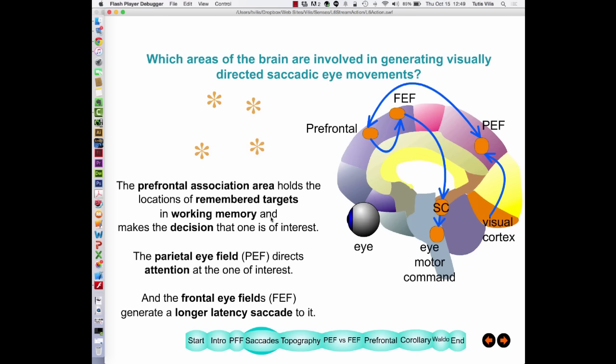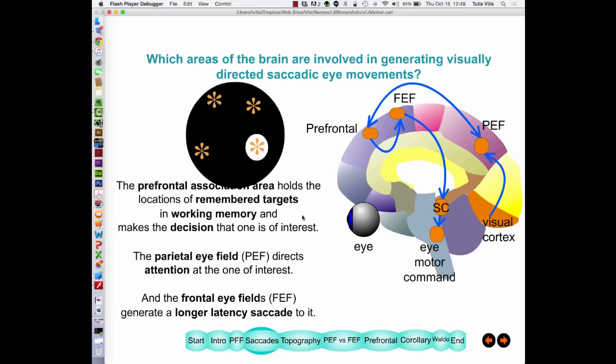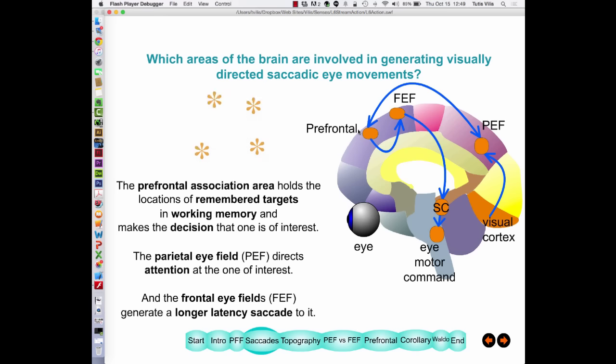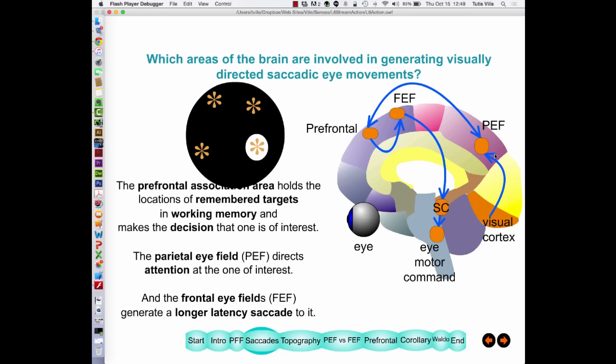So this area is, if I wanted to look at one of you, and I remember that one of you is sitting to my right, and I can quickly point my eye to that person because I remember you sitting in that spot. And to do that, of course, it needs memory, which comes from your prefrontal cortex, and attention, which comes from your parietal eye field.